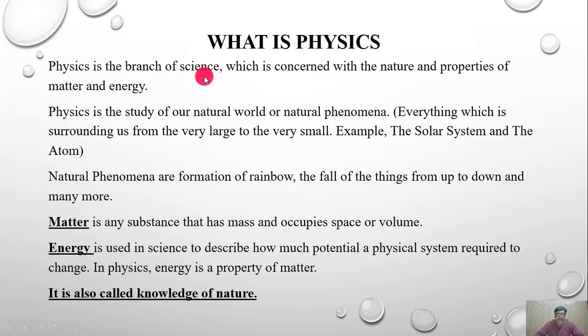Physics is the branch of science which is concerned with the nature and properties of matter and energy. In other words, we sometimes see this statement also, that physics is the study of our natural world or natural phenomena.